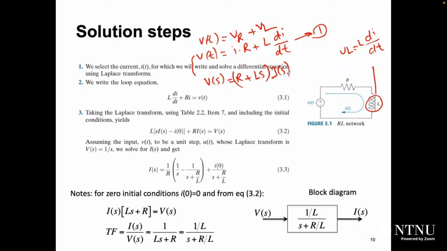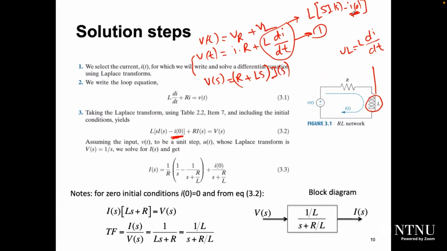If you don't have zero initial condition, this one will be L multiplied by s I of s minus I at zero, but we are assuming zero initial condition. So we will just set this one equal 0 just to make things easy.